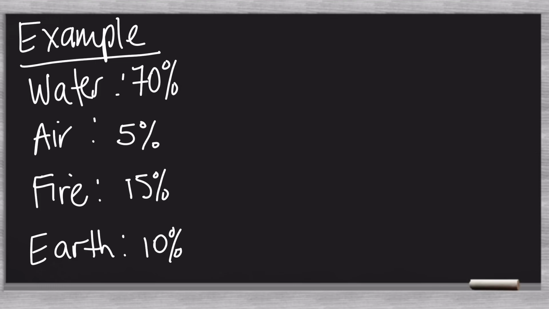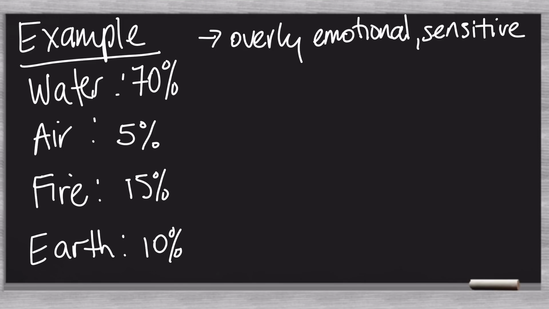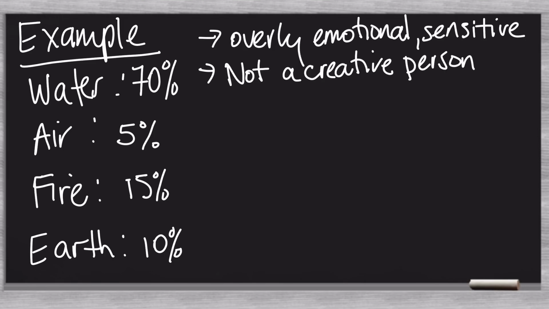So if we're looking at a different example, let's say your water element is very high and your fire element is low. Your air element is low and your earth element is again fairly low. What do you have here? You'll have someone who's overly emotional, very sensitive.